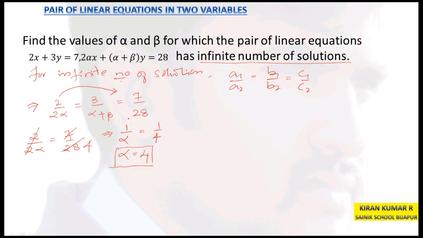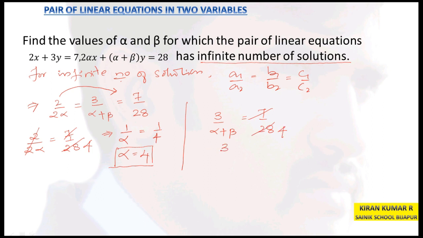Now to find the value of beta, either you can take the first two or the next two. Let me consider 3 upon alpha plus beta equal to 7 upon 28. 7 fours are 28.